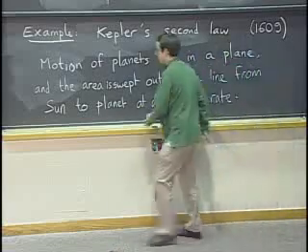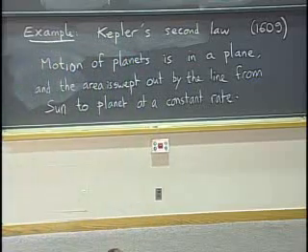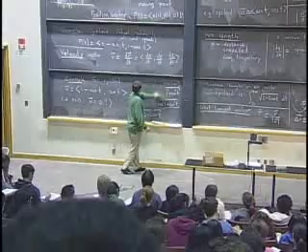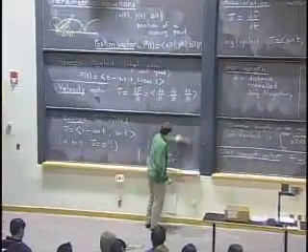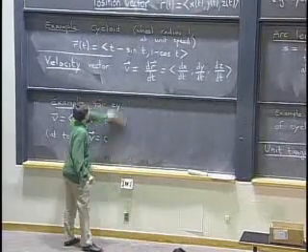That's an interesting law because it tells you, once you know what the orbit of a planet looks like, how fast it's going to move on that orbit.